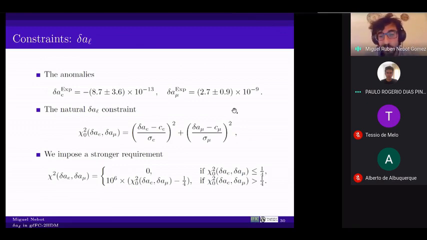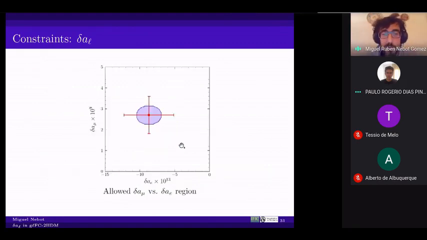So we do something which is much more stringent. Instead of using this natural chi-squared, we do something which forces you to be really, really close to both central values. If it's within a very small value of the minimum of this chi-squared, fine, 0 instead of what it was. But if you are outside that small ellipse, then it's kind of an infinite well in which you are forced to be on top of those values, which is something that I illustrated with a small plot.